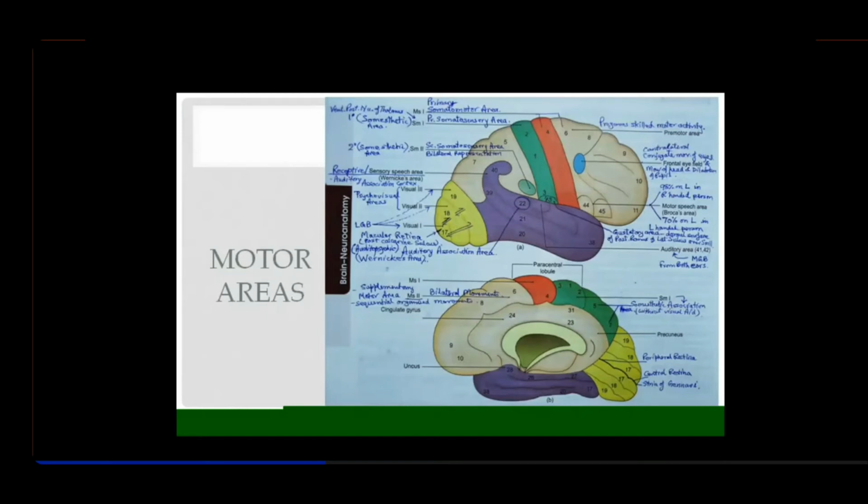Only in 30% of the left-handed population is it functional on the right cerebral hemisphere. So in right-handed people it is 98% left cerebral, and even in the left-handed population 70% of people have the dominant hemisphere on the left side for the motor speech area, that's Broca's area.